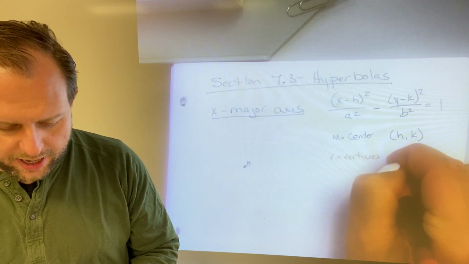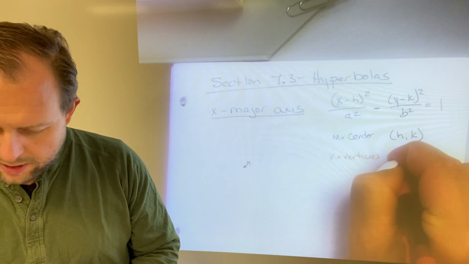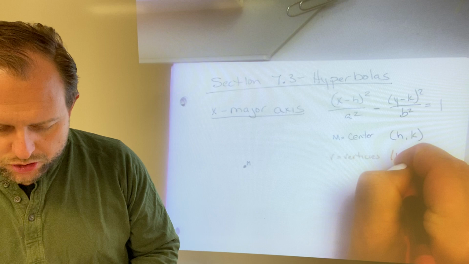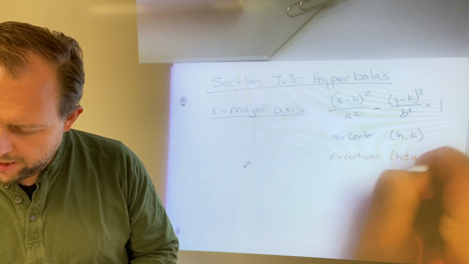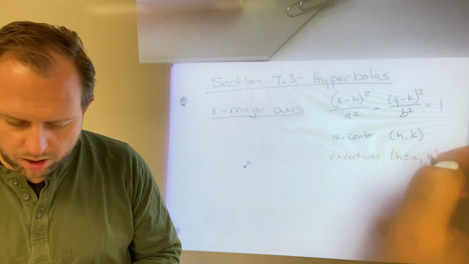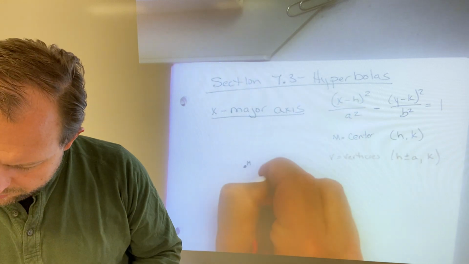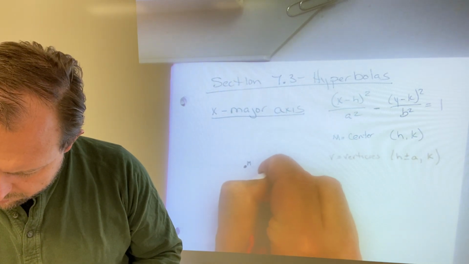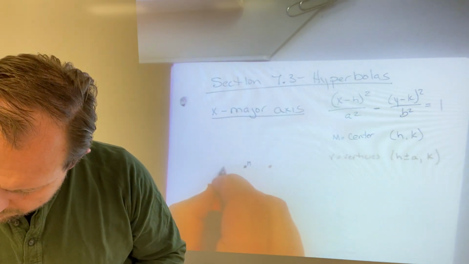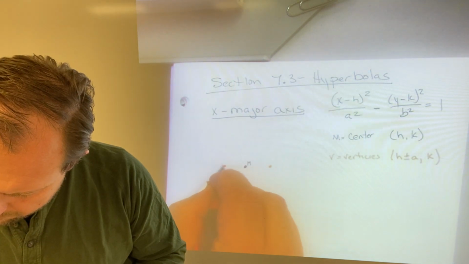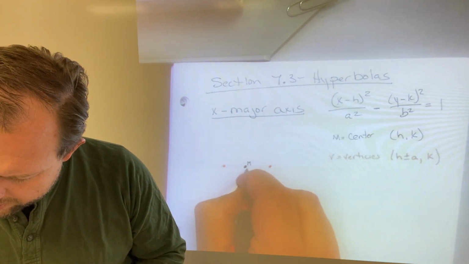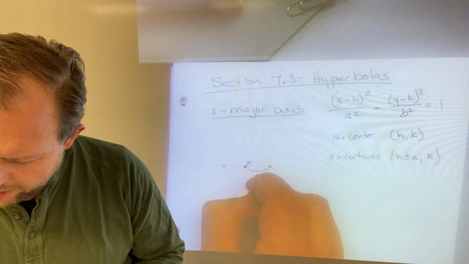They are going to be at h plus or minus a comma k, just like they were. So this distance is a.